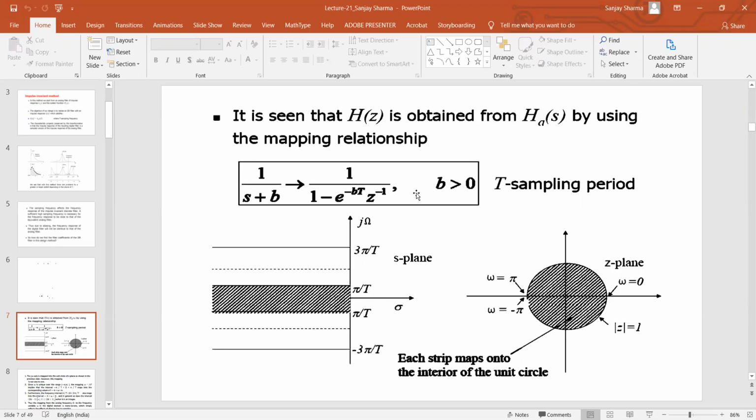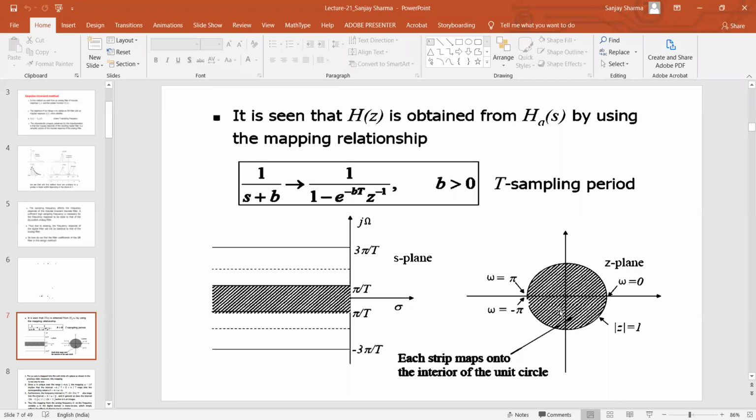What happens with this technique is that this strip from minus pi by capital T to plus pi by capital T will go in with this mapping. If you substitute the values of s, you get the values inside the unit circle. This strip from minus pi by T to plus pi by T will go inside the unit circle, and it will occupy the complete unit circle.